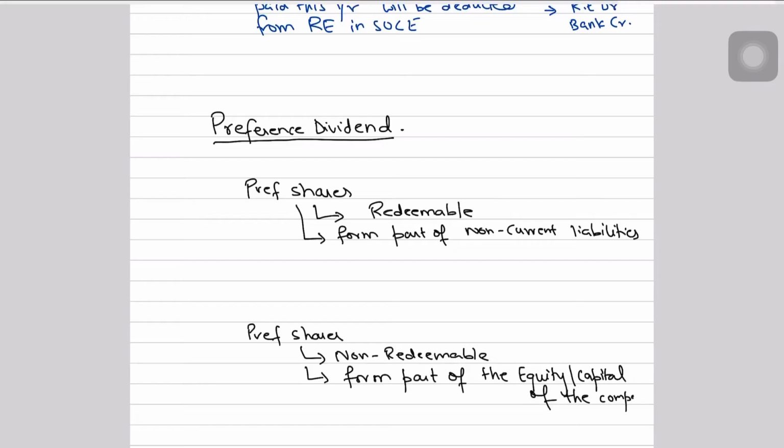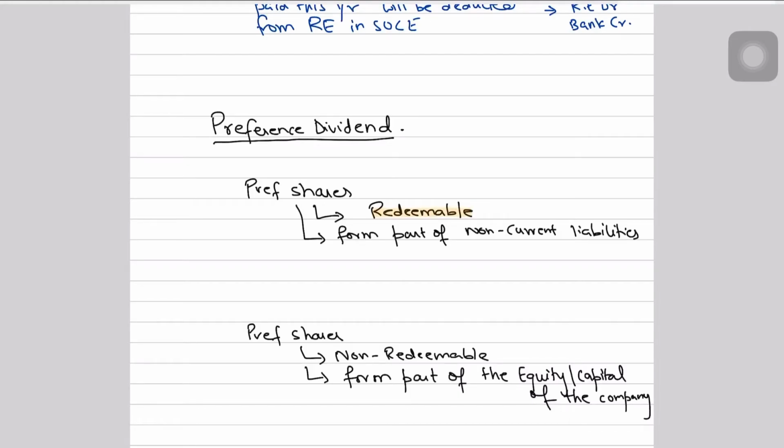Understood? So because when they are redeemable, they form part of non-current liabilities, and since they are non-redeemable, they form part of equity, hence the treatment of preference dividend varies. Let's first see what if the preference shares are redeemable.